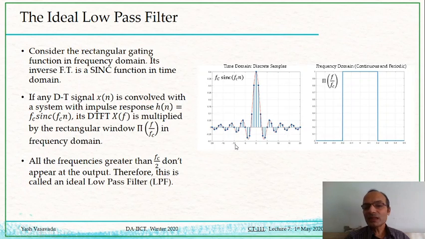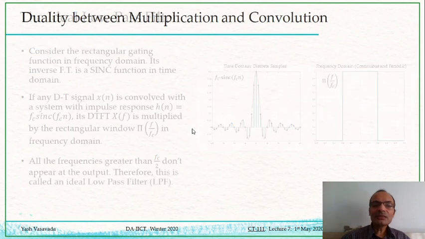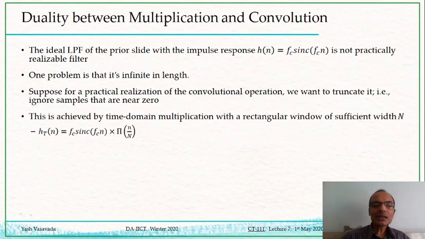Even if I make capital N 20, we can see there is still a lot of energy outside of plus minus 10. But maybe if I make capital N 100, then maybe fine. I mean, then the sinc function would have dropped to a sufficiently low level. And then if I zero out all of the other samples that are outside of this rectangular window in time domain of width N samples, maybe it is not a big deal.